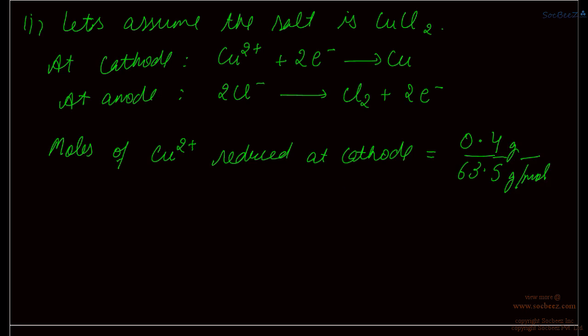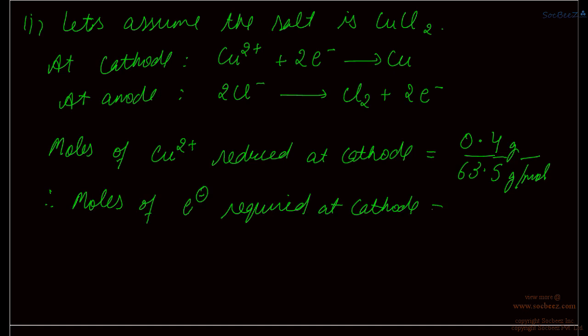Therefore the moles of electron required at cathode, since 2 electrons are required for 1 Cu2 positive ion, equals 2 into 0.4 upon 63.5.